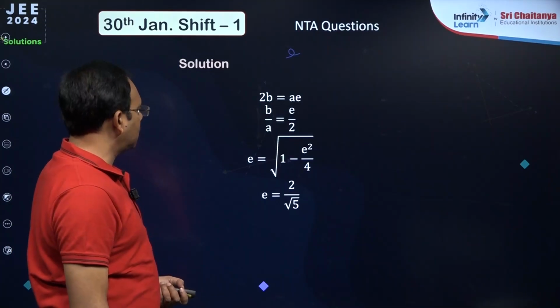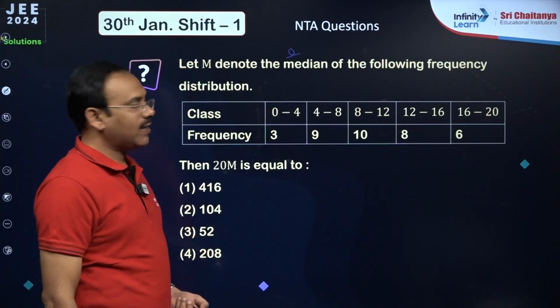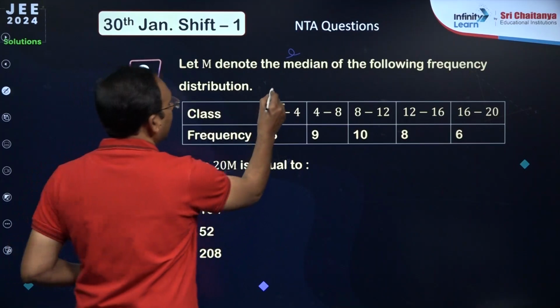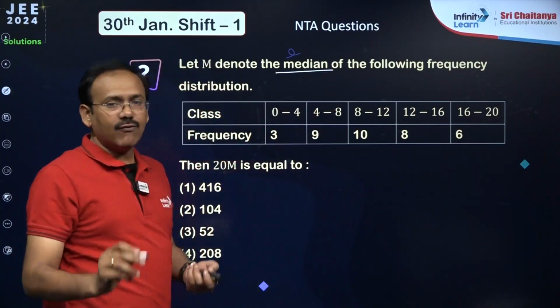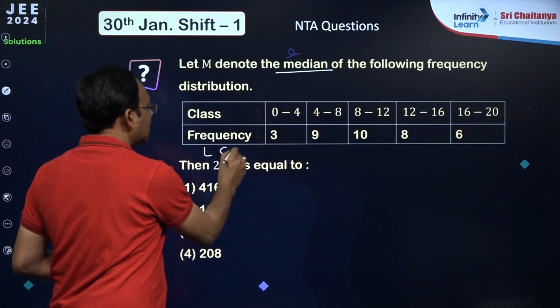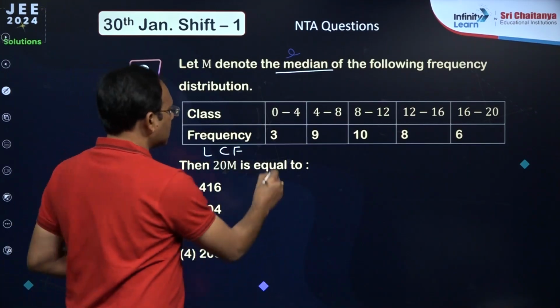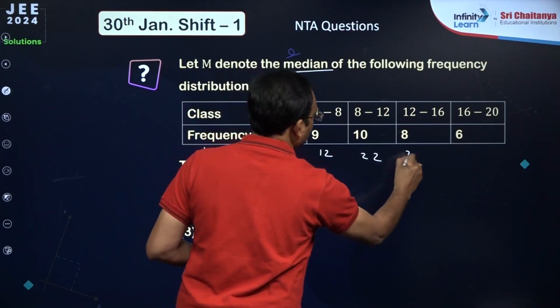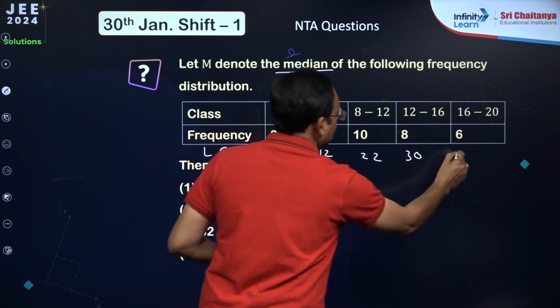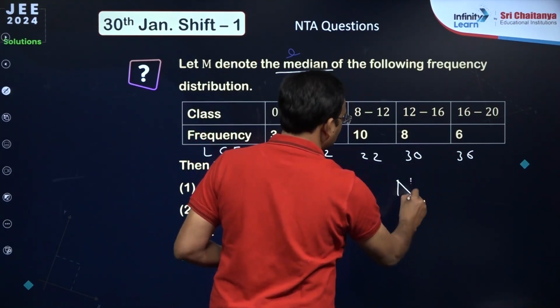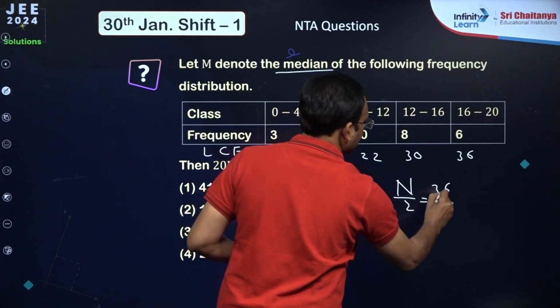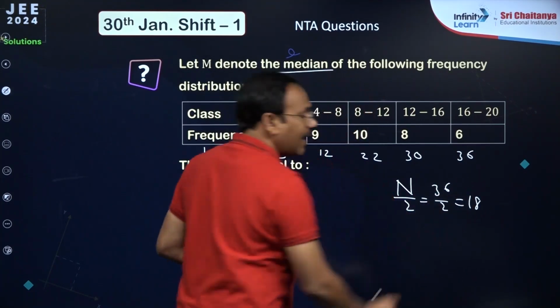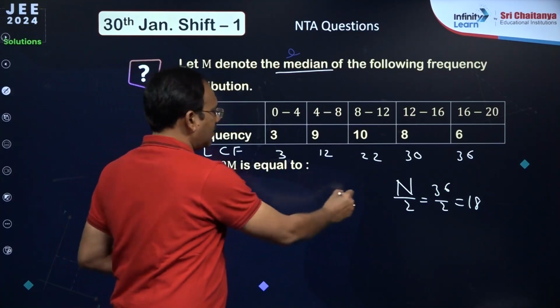So when the solution is the same, the next one we have to find the median of the following data. If you want the median, you just find the less than cumulative frequency. This is going to be 3 plus 9, 12, 22, 30 and 36. So n by 2 is 36 by 2, which is 18. N by 2, 18, first appears here.